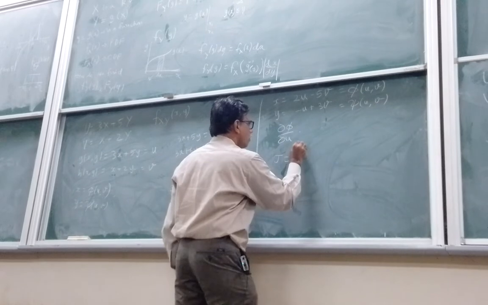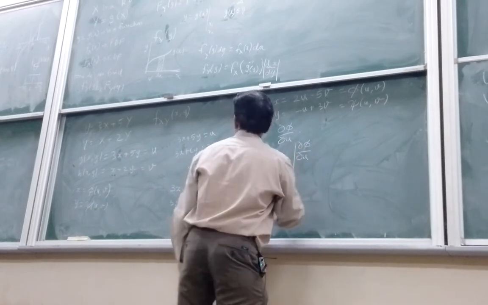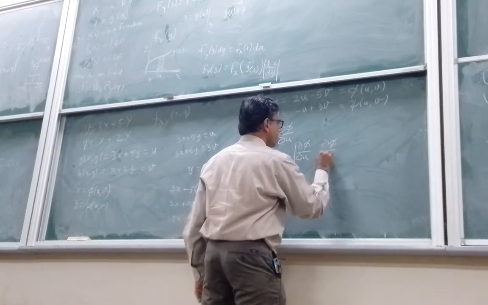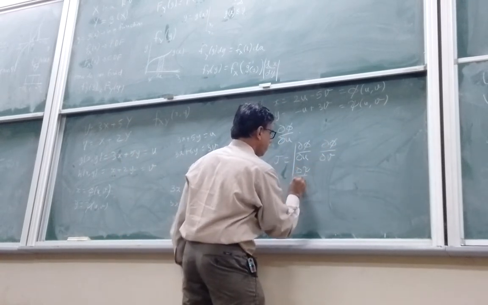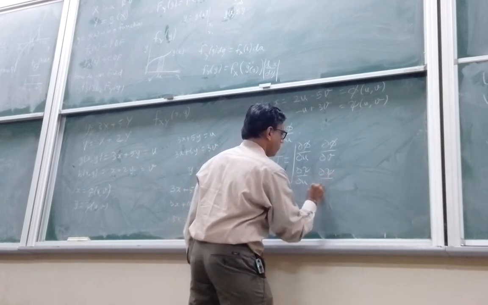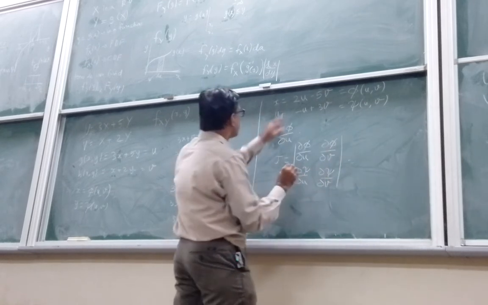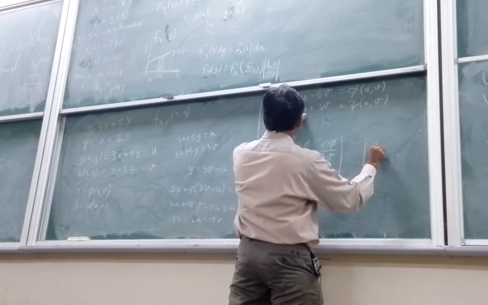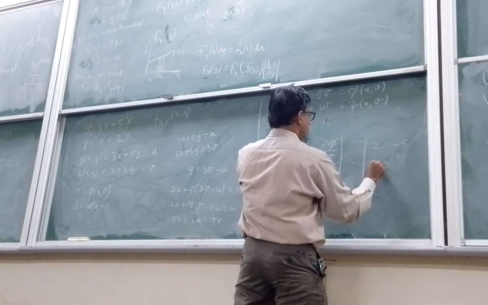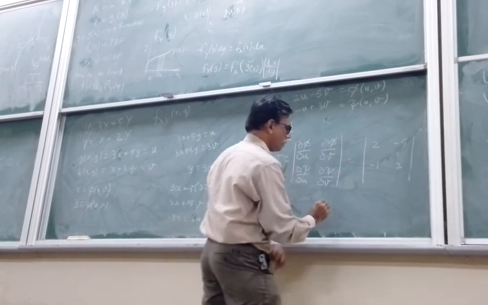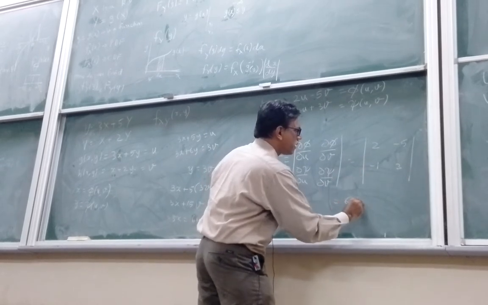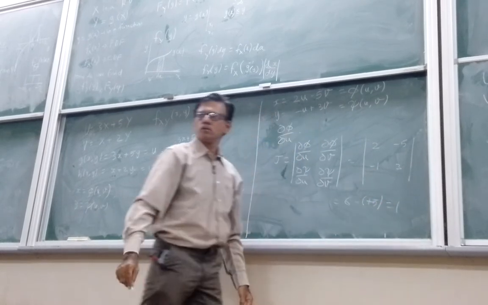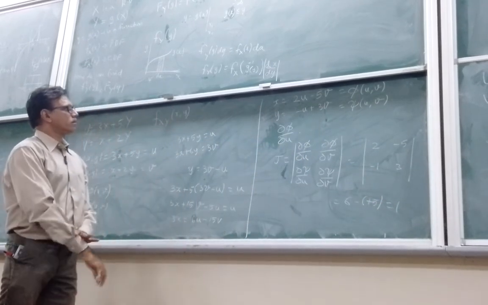So J is equal to, if you look at this, just these coefficients only. This will be 2, this will be minus 5, this will be minus 1, this will be 3. So that is equal to 6 minus 5, which is 1. So the Jacobian is just 1.